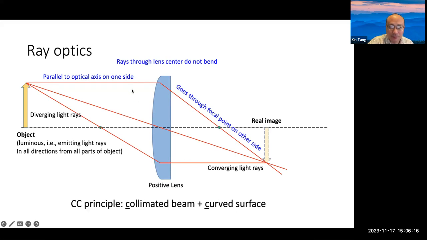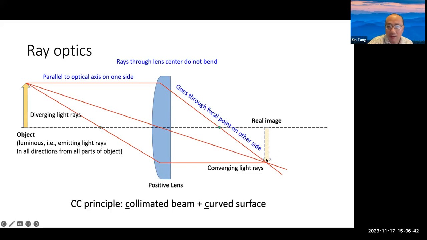Following this principle, we draw these 3 representative paths: the light parallel to the optical axis, the light going through the center of the lens, and the light going through the focal point. Then you can do the same thing for every point on the object, and every point will form a real image of that point.